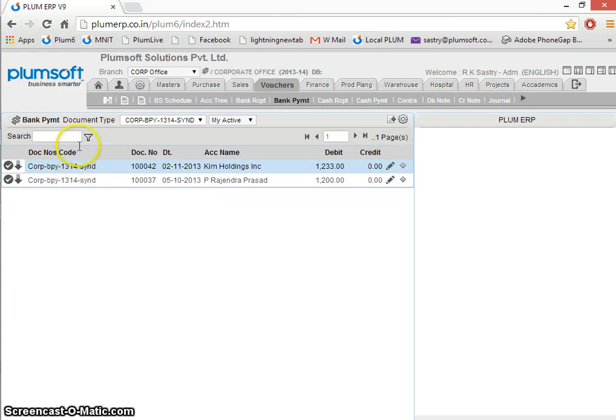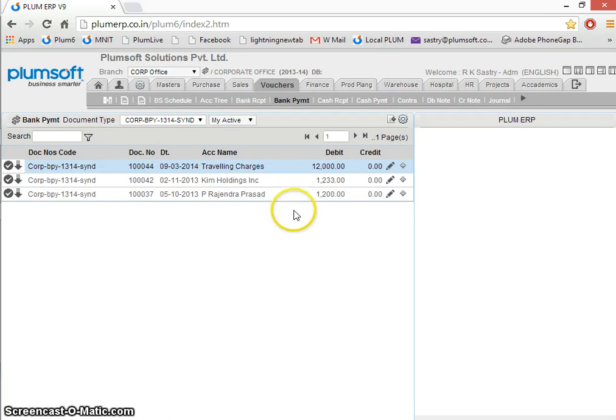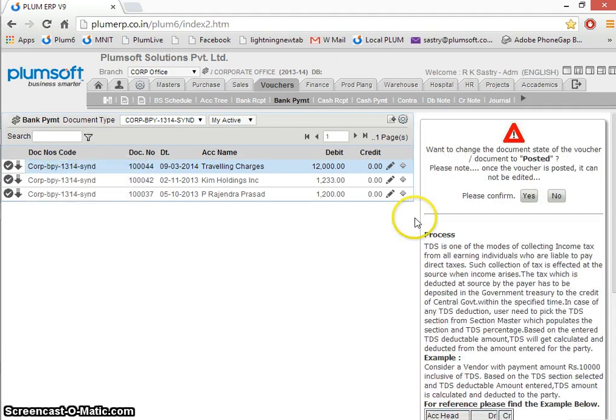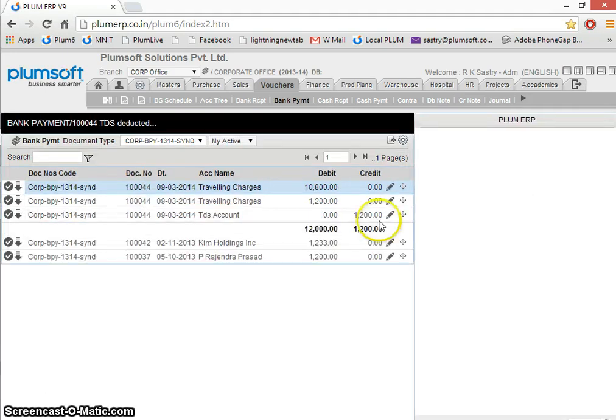Now you will notice the specific voucher has come with the current date. As we have deducted the TDS, let us split the amount into the TDS category.